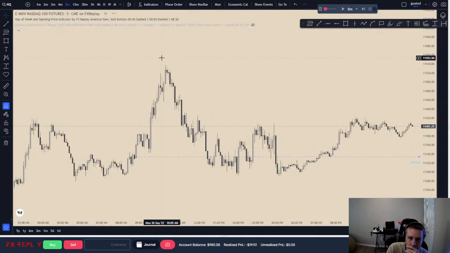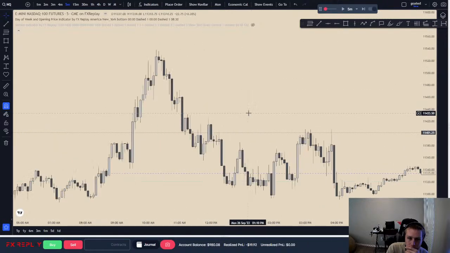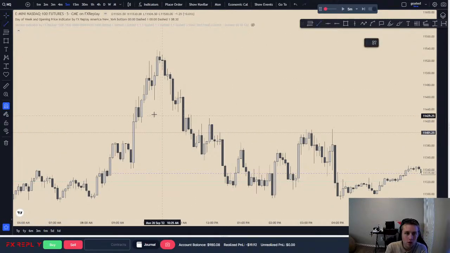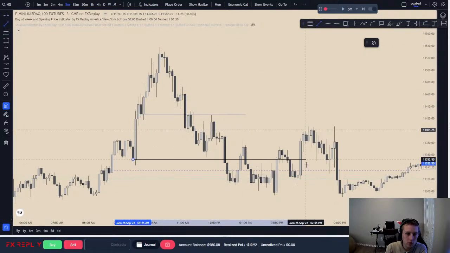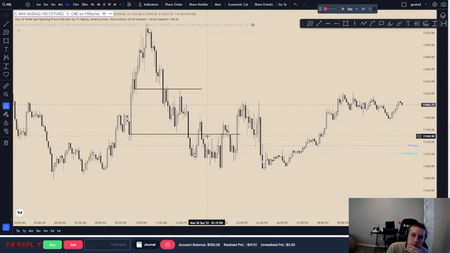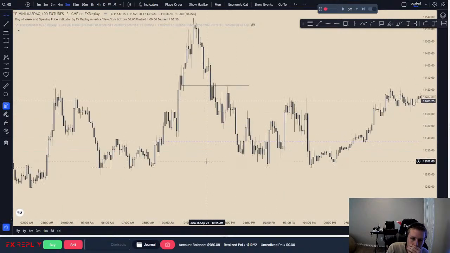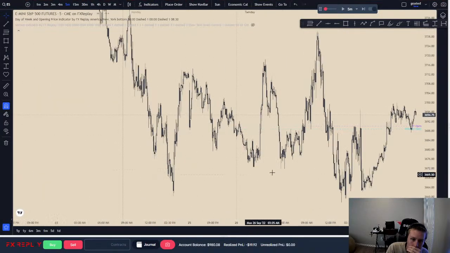So we took that high. It just broke down. Old buying will become new selling. We don't liquidate the original consolidation though. On ES we do.